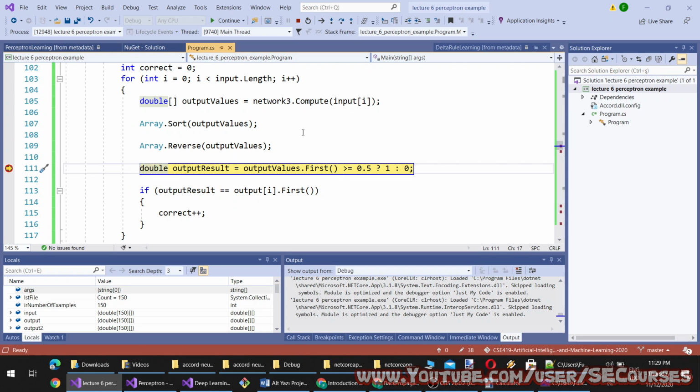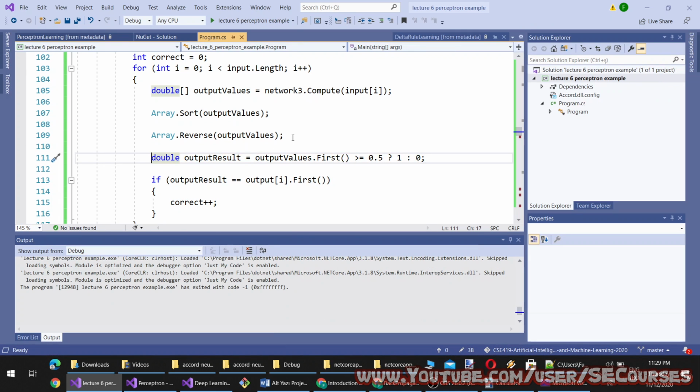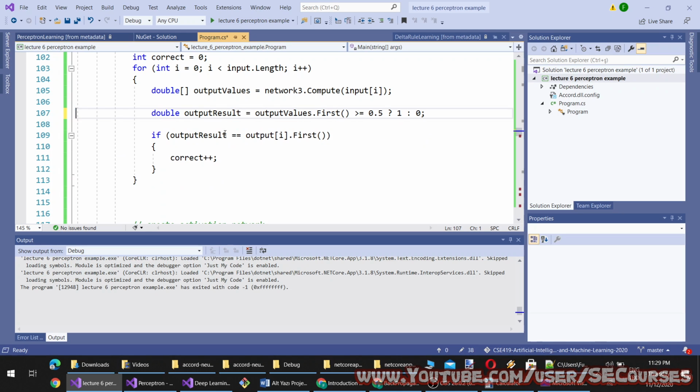The output results. Oh, yeah. I shouldn't do this. This is the correct way. We don't need sorting.